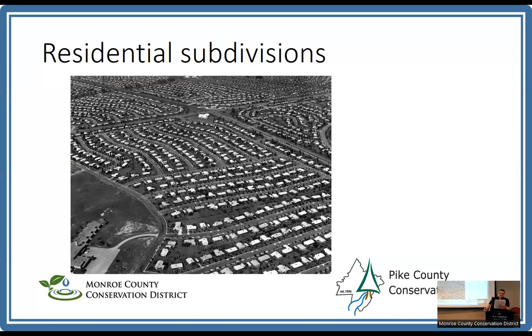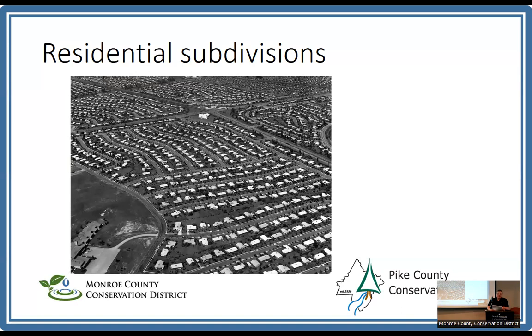Who's going to be responsible for the operation and maintenance? That's really determined by your site design. If you have a lot of on-lot stormwater, there are going to be a lot more individual landowners that you have to educate and make responsible for your O&M. Who will hold the permit for the life of the project? We're running into this a lot in Pike County.